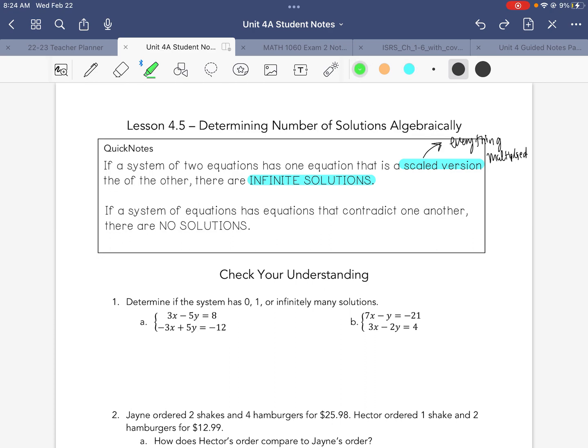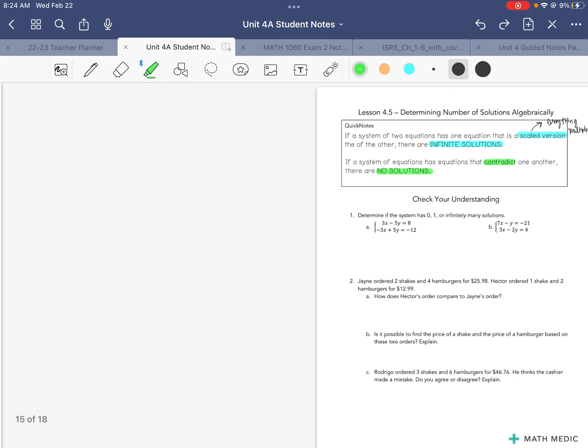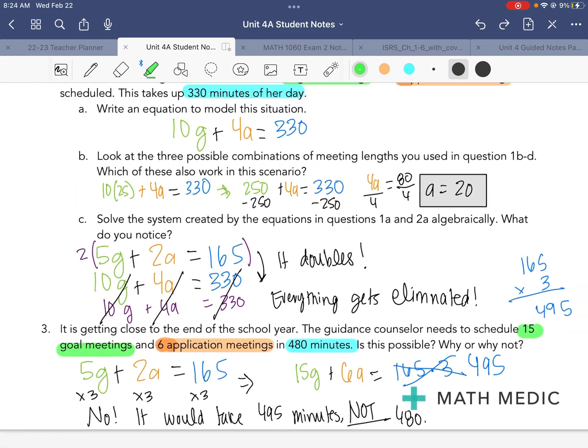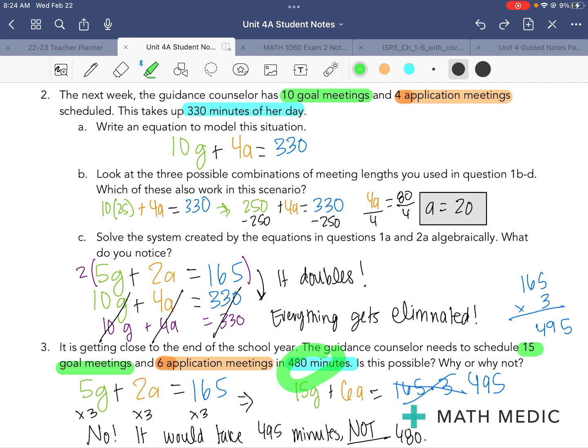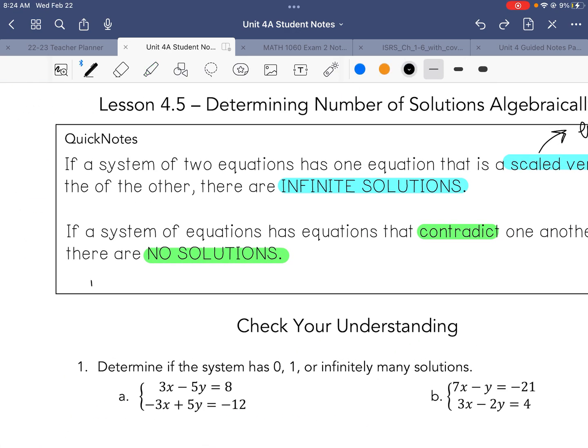what we mean by that would be, for example, this one. The one that they gave us was supposed to have 480 minutes in it, but the one that we have would have said 495. So this would be like if you have one equation that says 5g plus 2a equals 165, and another one that said 5g plus 2a equals 200.